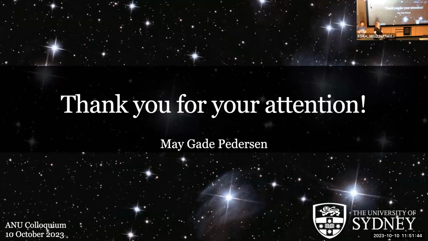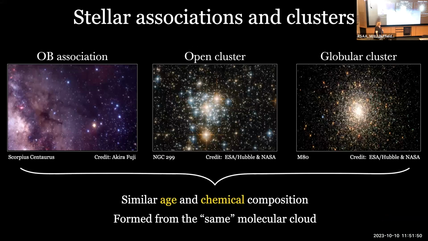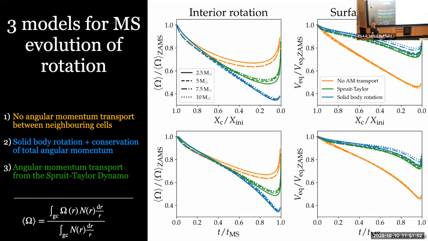You're talking about the same slide. Can you go back to the slide where you have the models for TESS? This one? Yes, thanks. So is there any evidence showing differential rotation in SPB stars? Yeah, so the thing with the SPB stars is that these are just modeling one pattern at a time, essentially.